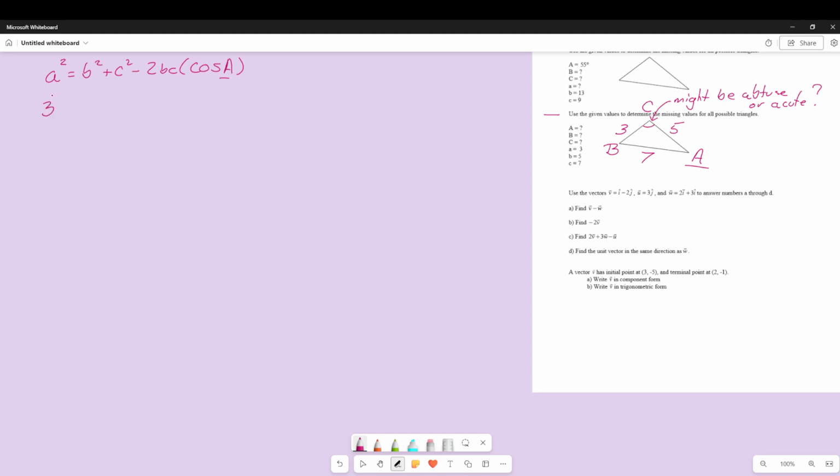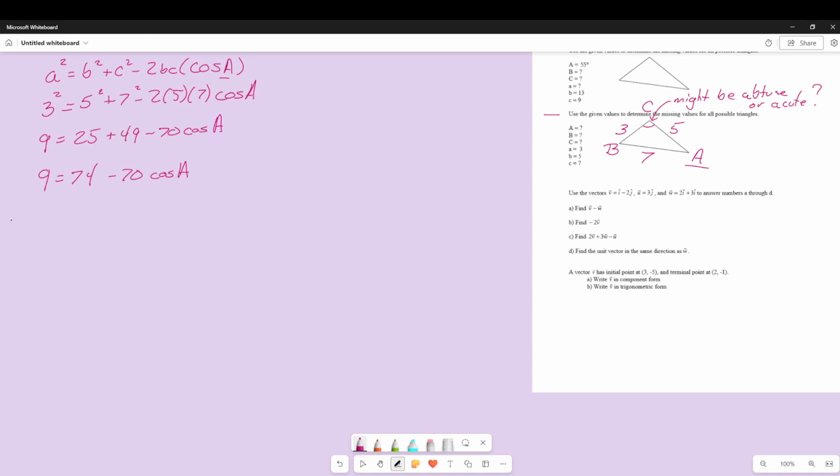I'm going to go ahead and just start plugging in some of our numbers here. So 3 squared equals 5 squared plus 7 squared minus 2 times 5 times 7 times the cosine of our angle A. So 9 equals 25 plus 49 minus 70 times the cosine of A. So 9 equals 74 minus 70 cosine A. Again, be careful about subtracting those.